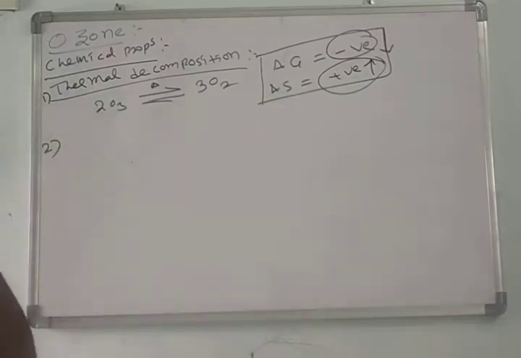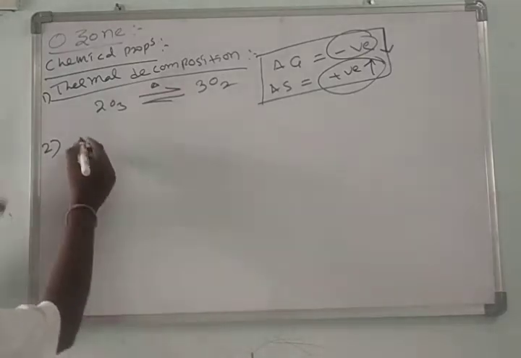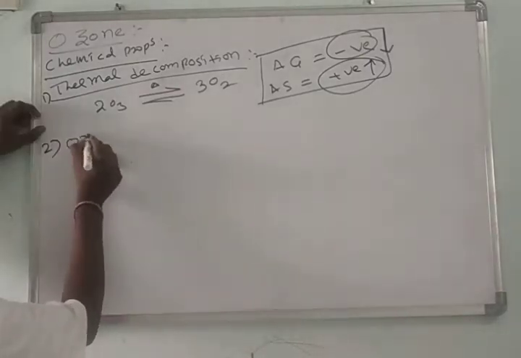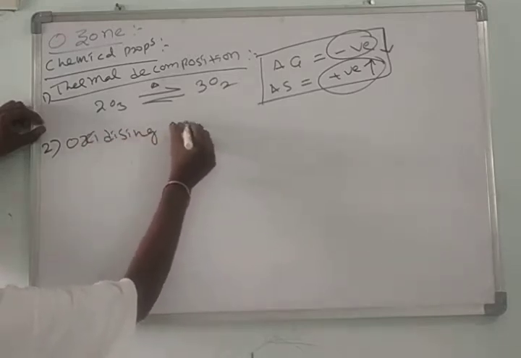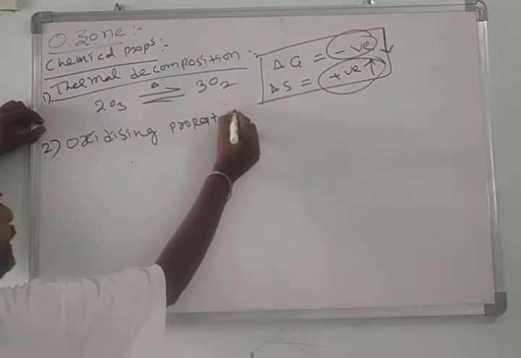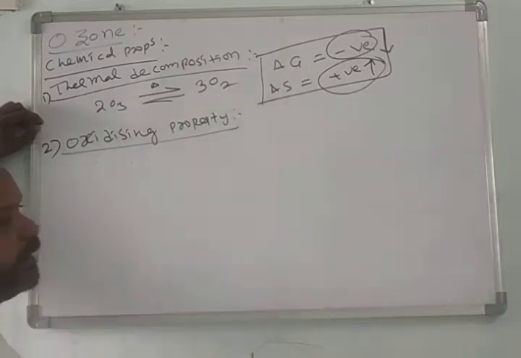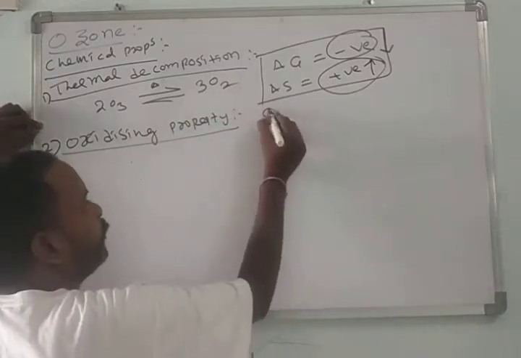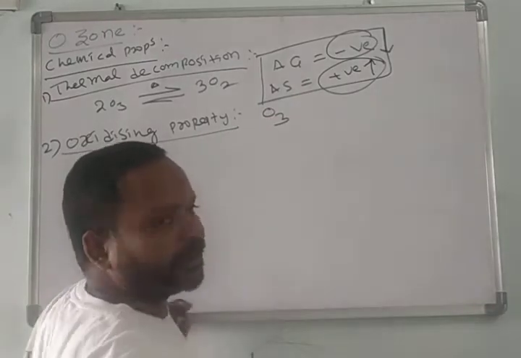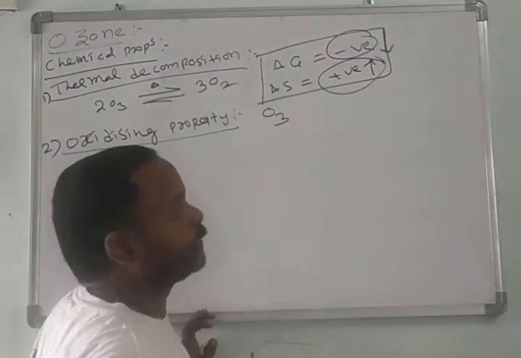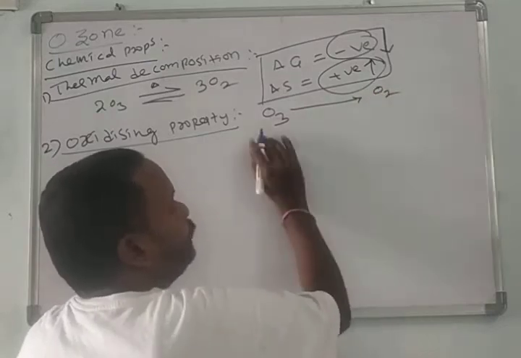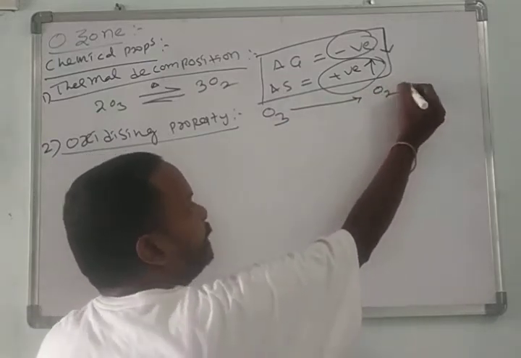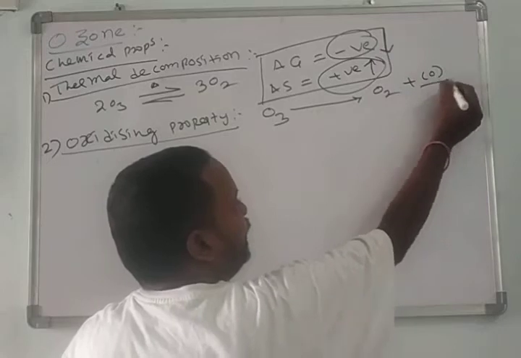Then in continuation, after thermal decomposition, the oxidizing property of ozone. Why does ozone act as an oxidizing agent? Ozone easily decomposes into oxygen by the liberation of nascent oxygen.